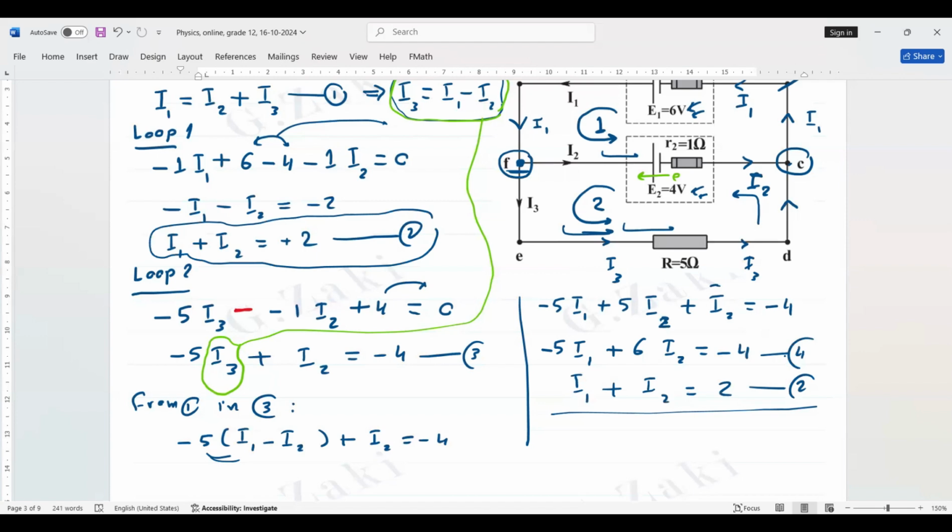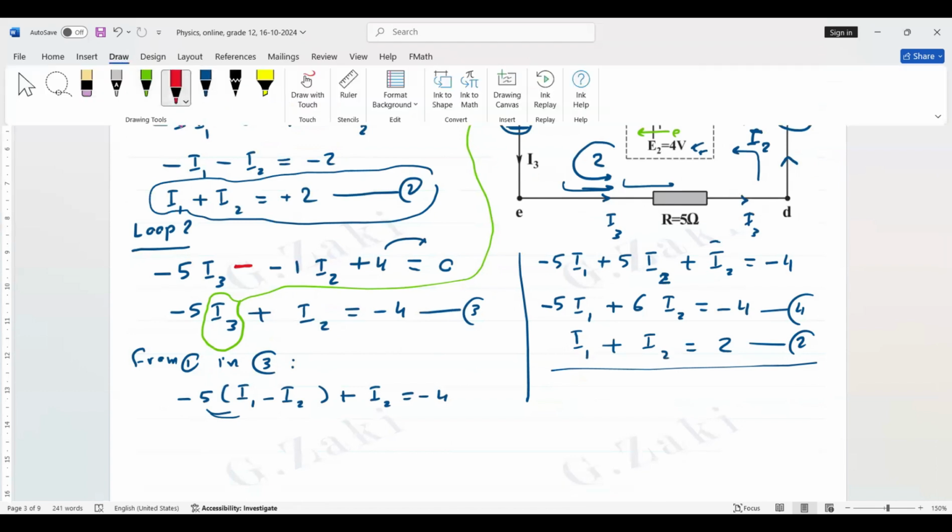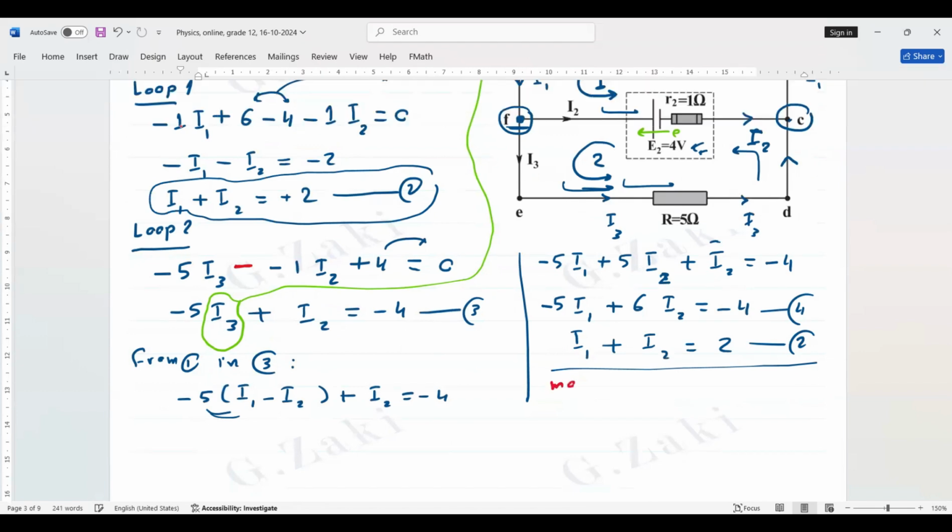How? Follow me, please. You have the calculator FX-95 and it is allowed in the grade 12 exam. Then we go to the calculator and press mode, 3, 1. Then you will get two simultaneous equations. Now enter the coefficients in order.